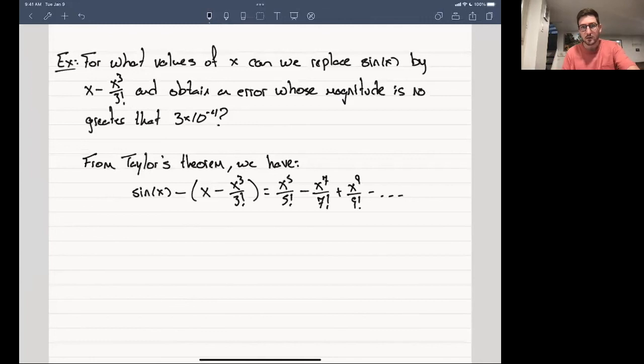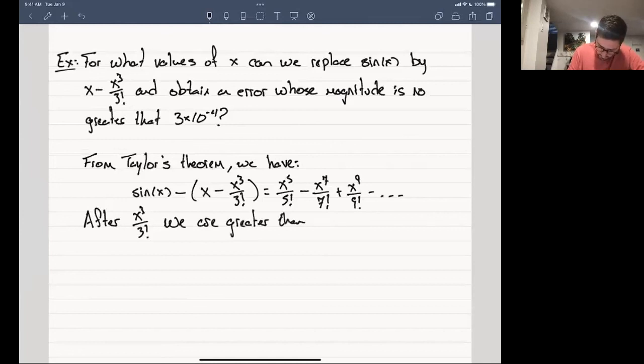So that tells us that after x cubed over 3 factorial, the series is no greater than x to the 5 over 5 factorial, and we can put absolute values around this because we want to know the difference between the left-hand side and the approximation.